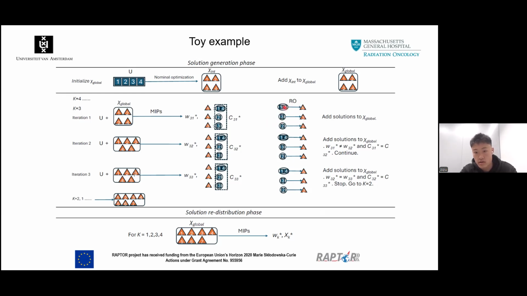And because this 1, 4 cluster is new, it has never appeared before, a new solution, solution 5, is created. And then we add solution 5 to the solution pool, and we do the assignment again. And because solution 5 is created for a cluster that consists of scenarios 1 and 4, it will be assigned to them. And the same as before, 2 is assigned to 2, 3 is assigned to 3.